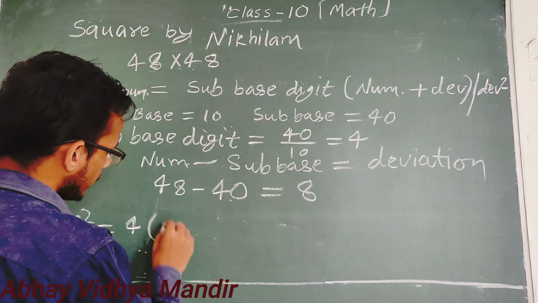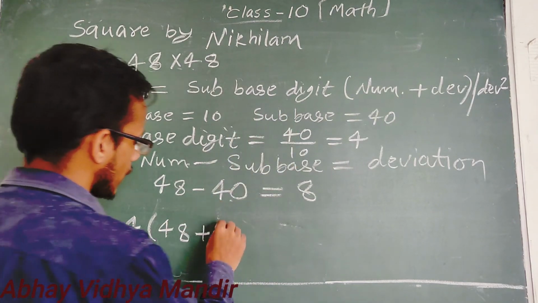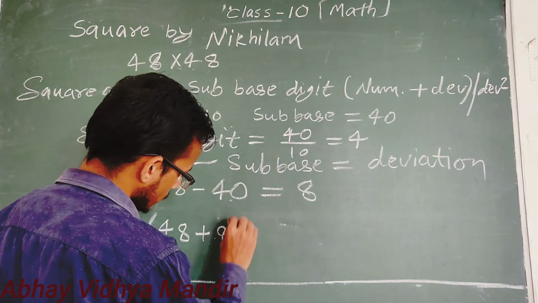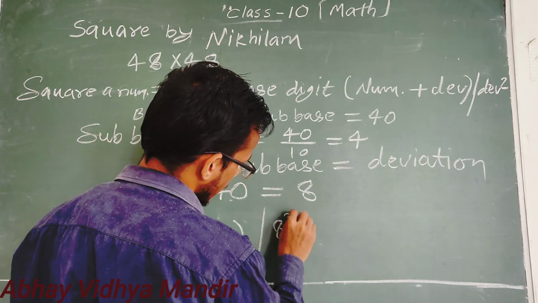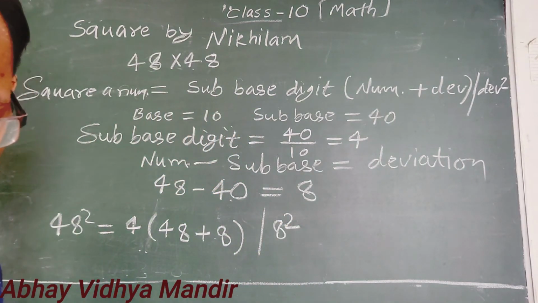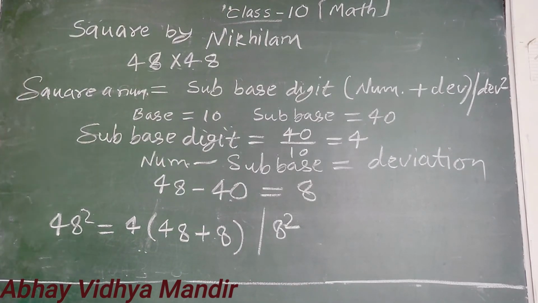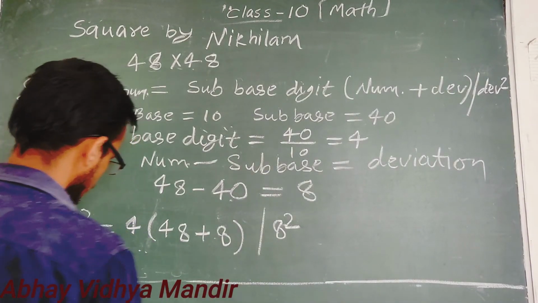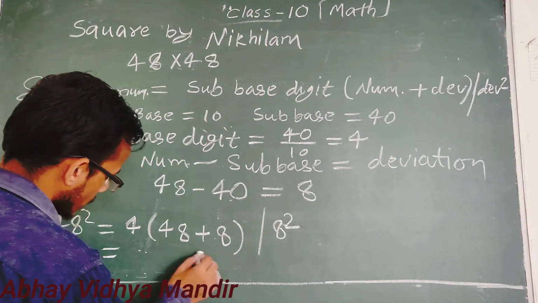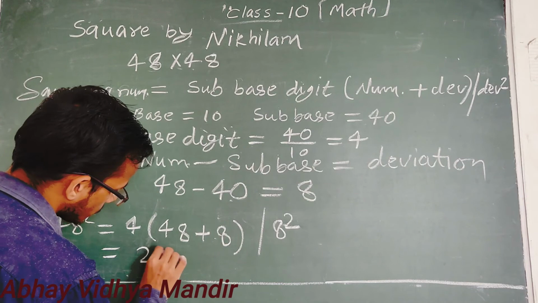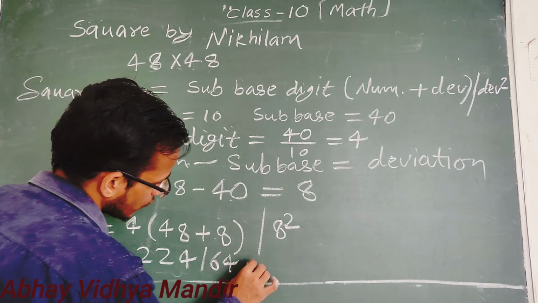Now square of 48 equals sub-base digit 4, bracket, number 48 plus deviation 8, oblique deviation square, 8 square. Okay, so now solve it. After solving you will get 224 oblique 64.